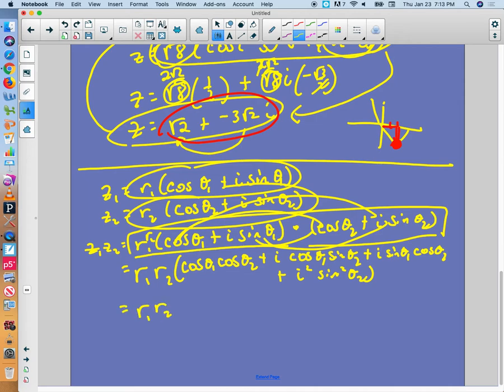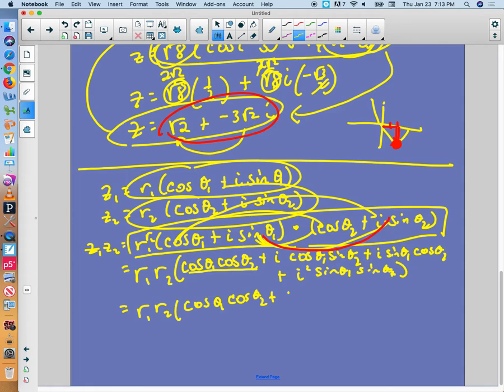Let's have R1, R2. Now I have cosine theta 1, cosine theta 2, plus, let's see, oh, I'm sorry, that wasn't sine squared. I knew I'd done something wrong. Hopefully you caught it. Okay, this would be this one right here. I messed that up. That would have been i squared, and that would be sine of theta 1, sine of theta 2. Those were different expressions.